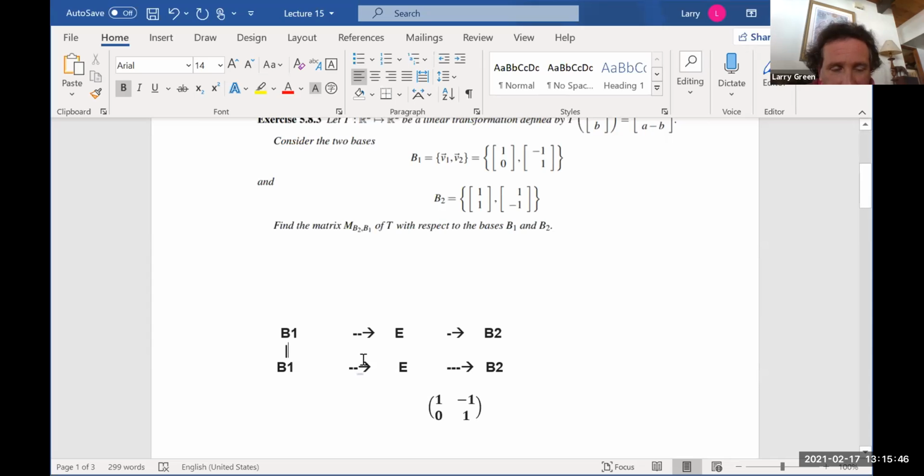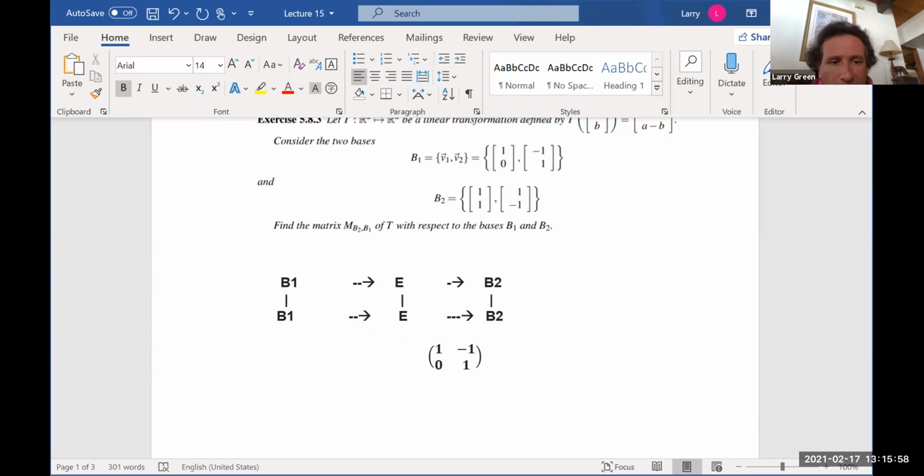We'll pretend it's an arrow. Okay, that's as good as we'll get. So there's a matrix from B1 to E. So what I need to do is get from B1 to B2 on the bottom, because going from top to bottom is a linear transformation. Going from right to left is a change of basis. Is that clear?